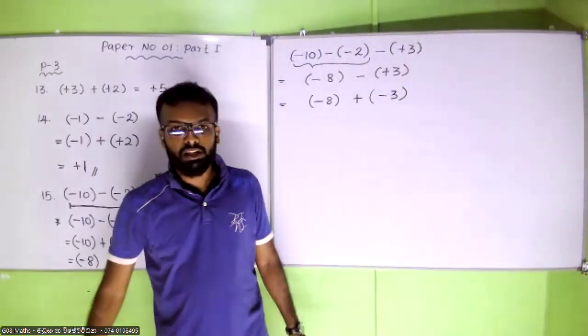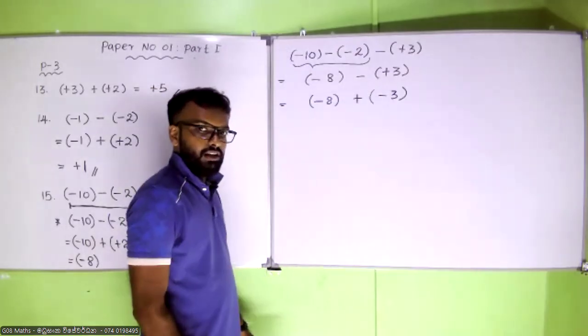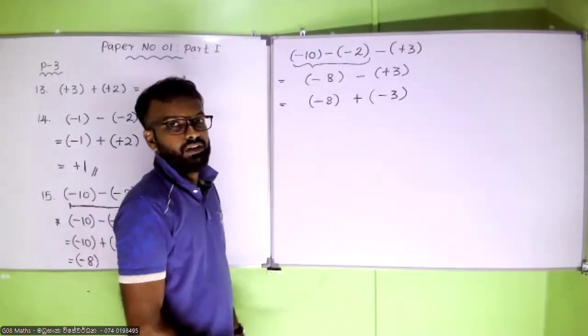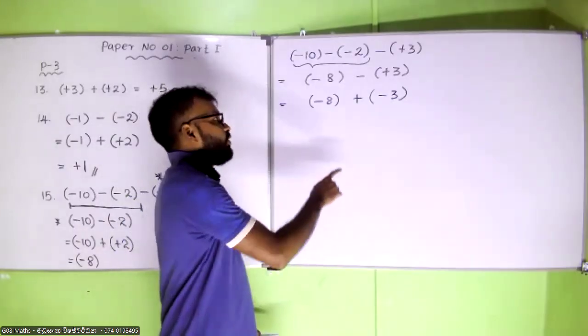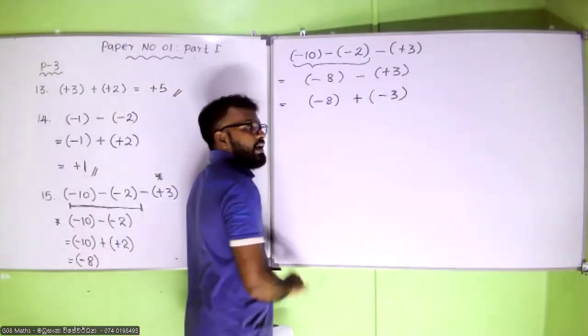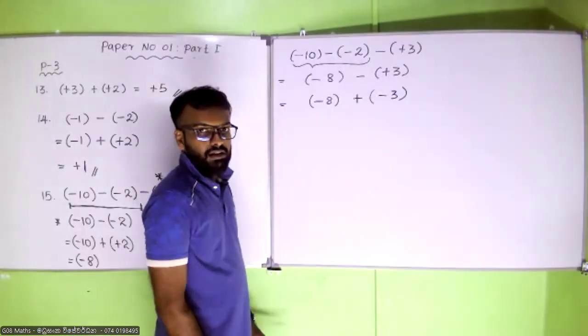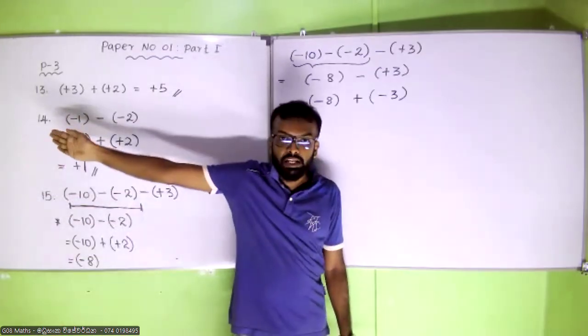They are the same, negative, negative. They are not different. So same signs are to be added. Same directed numbers to be added. They are in the same direction.